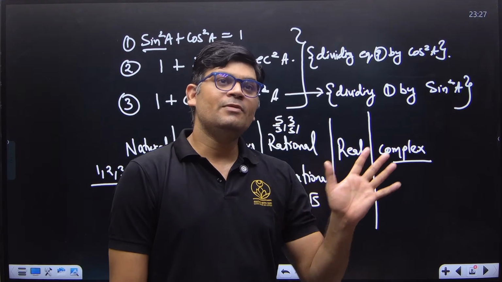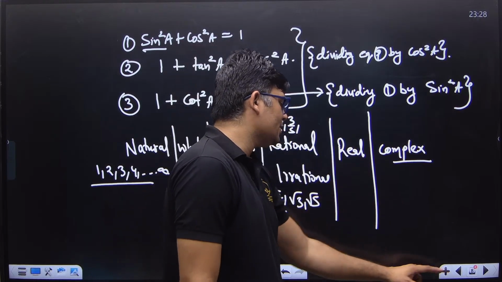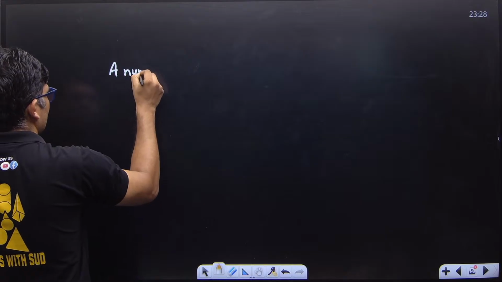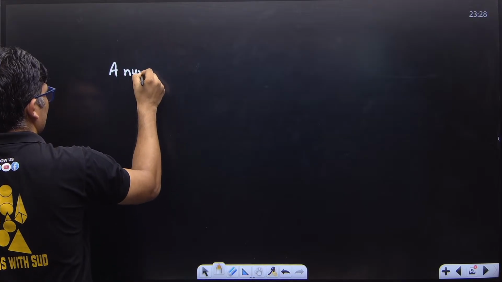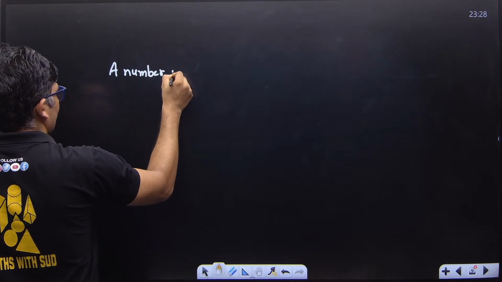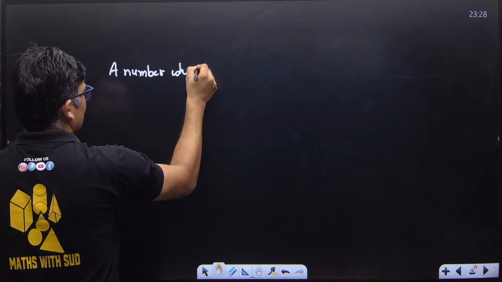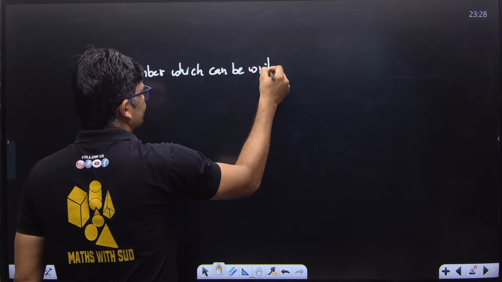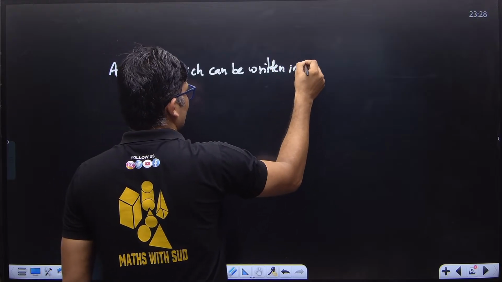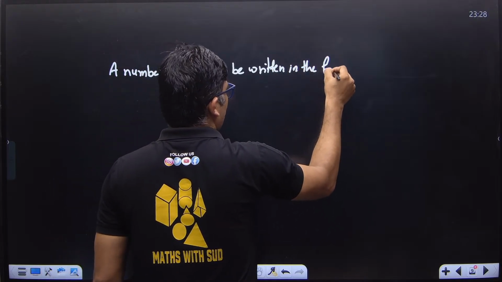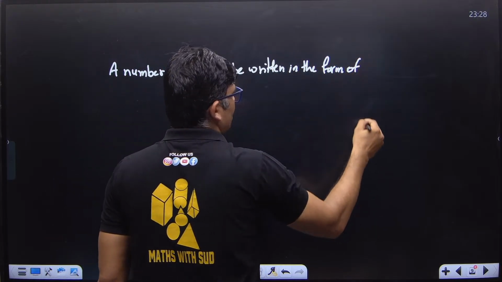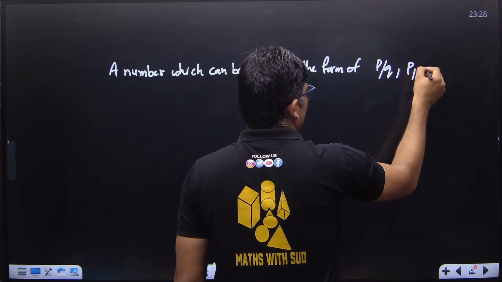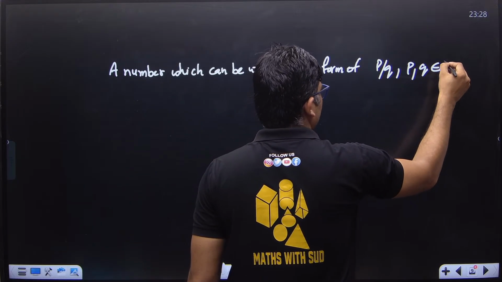Let me define it as well. A number which can be written in the form of p by q, where p and q belong to integers.